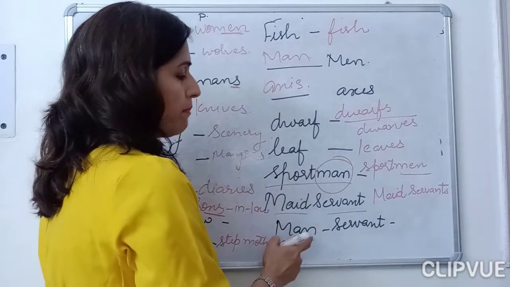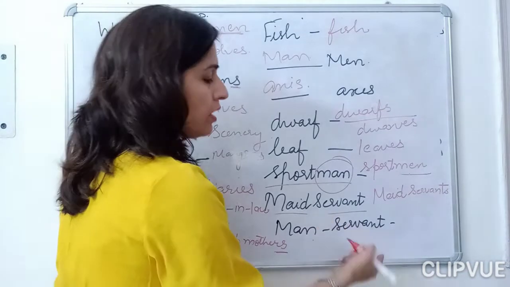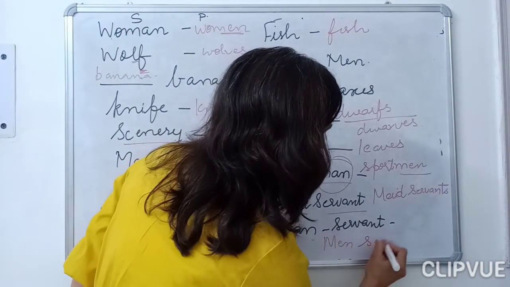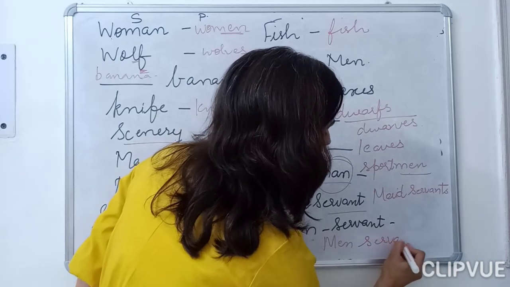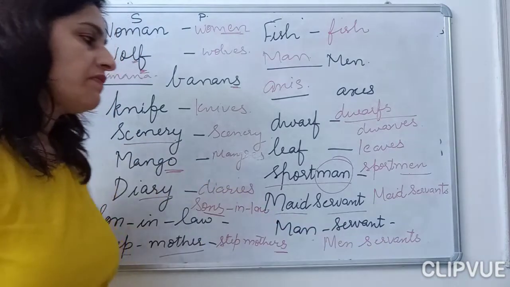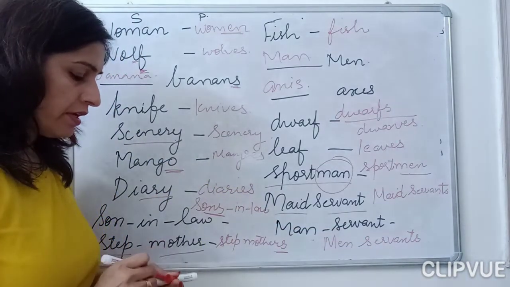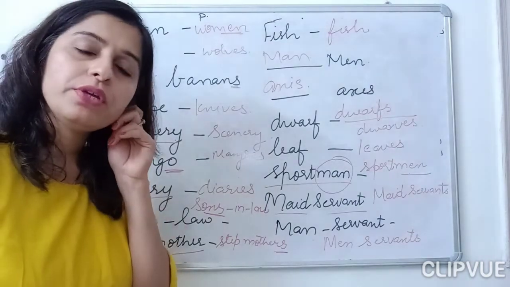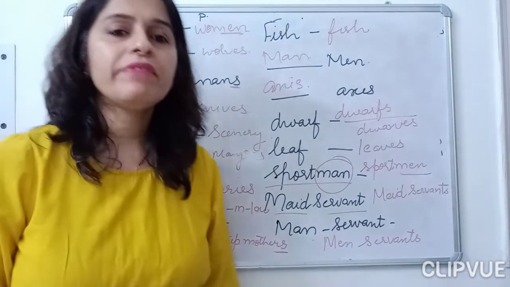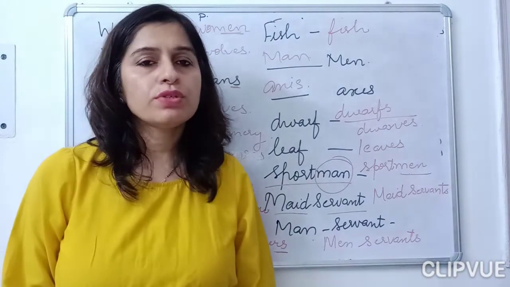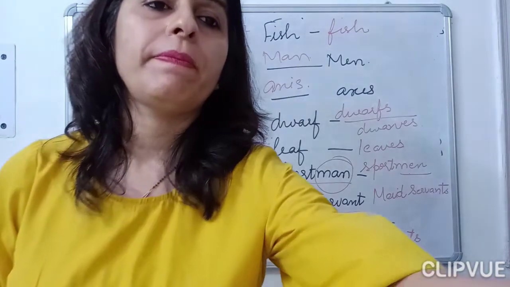Now man servant. How will I write it? It will be men servants. This is how we will be doing it, children. After this I will be sharing a small exercise with you. You can continue it, and I hope you remember that in the last class we did an activity. So we will continue with that activity.